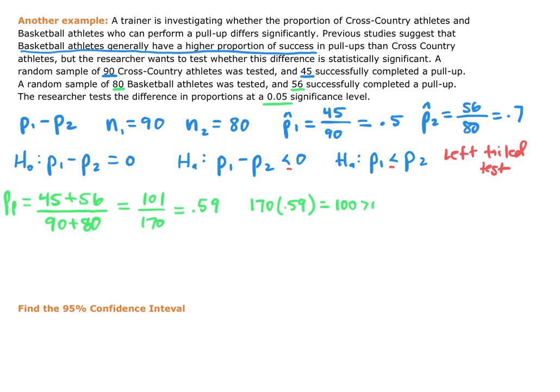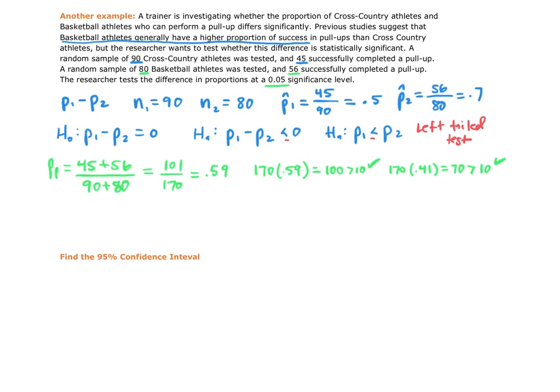That's clearly greater than 10. And then the pooled sample size times 1 minus the pooled proportion, so 1 minus 0.59, which is 0.41. That equals approximately 70, also greater than 10. So check, we can use the normal distribution.